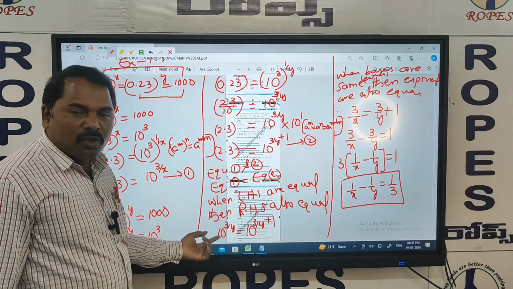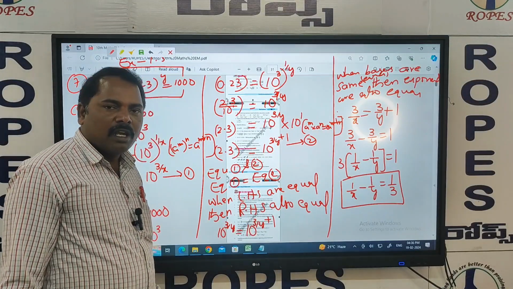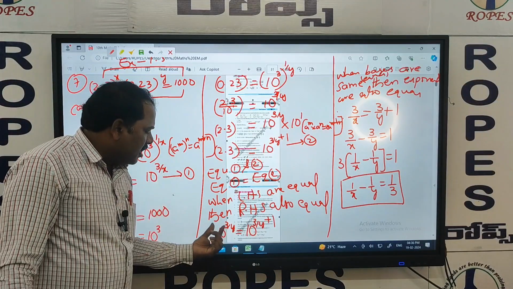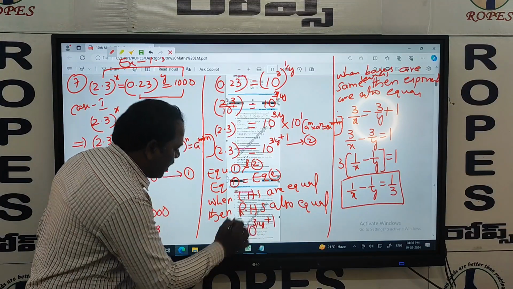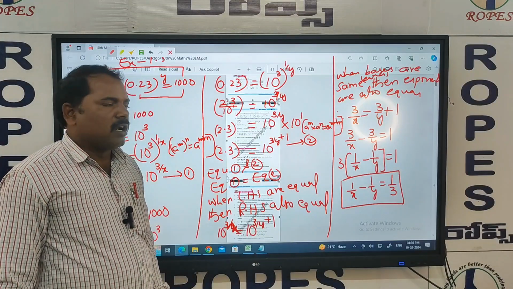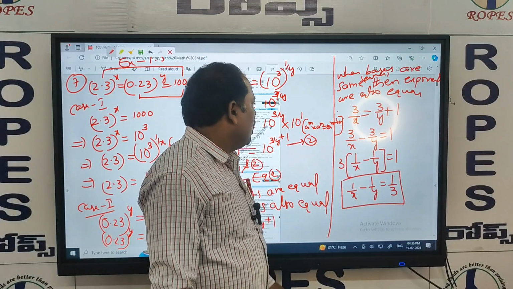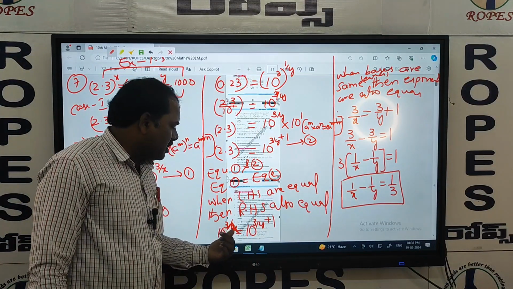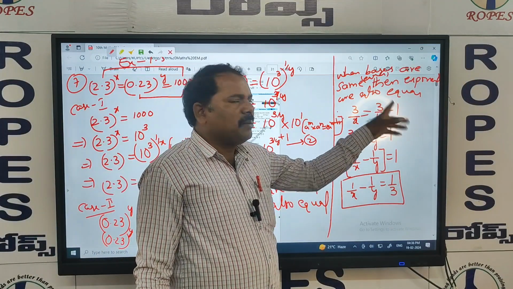From equation 1 and 2, when the LHS are equal, the RHS are also equal: 10^(3/x) = 10^(3/y + 1). When the bases are equal, then the exponents are also equal. So 3/x = 3/y + 1.